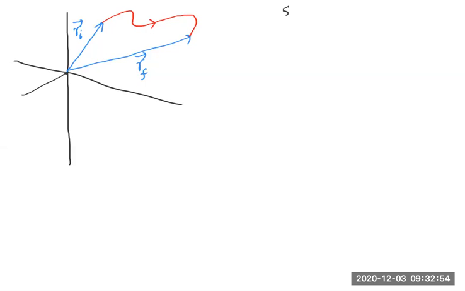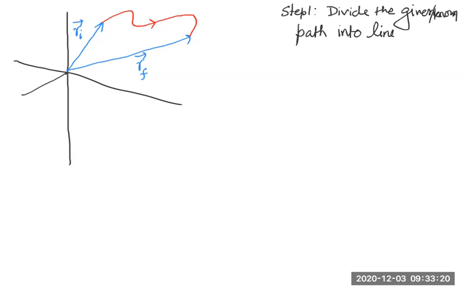So step 1 in finding the value of the line integral is to divide the given path or the known path into line elements. This is the first step. In fact, it's just like calculus, right? Normal calculus may be what you do to find the integration.